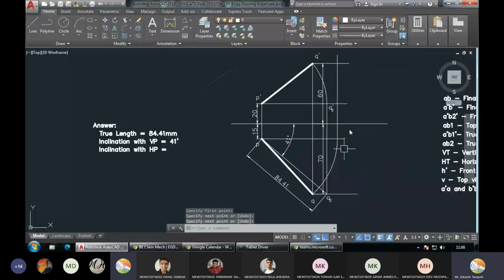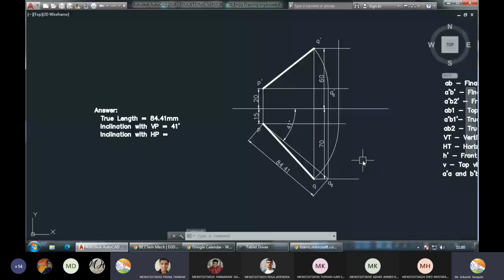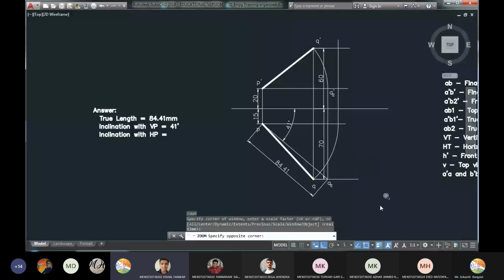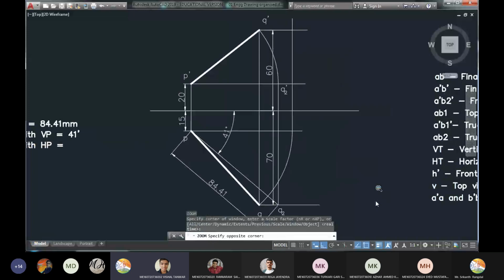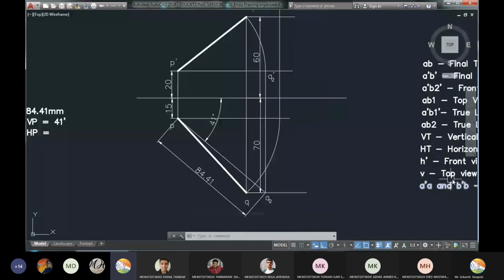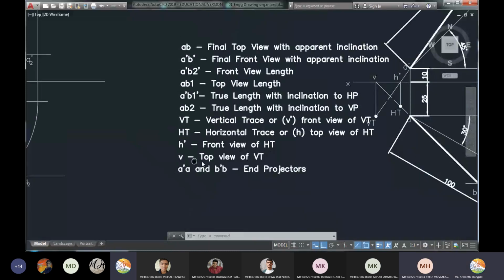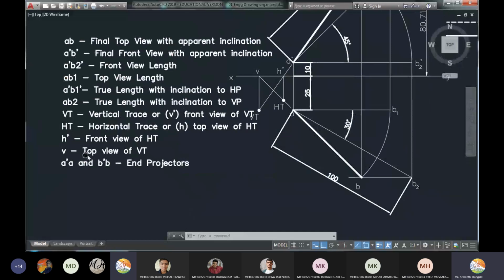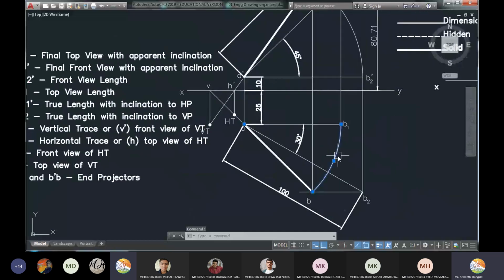So what is this intersection point? That is Q2 dash. Sorry, Q2, sir. That intersection point, the arc. See, the second point is already over. Q2 is here and Q2 dash is here. Now look here. When we draw this arc, what are we getting? B1 we are getting, right?